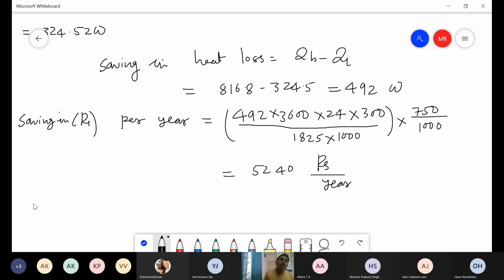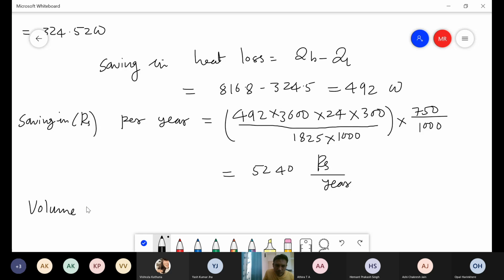Now let us look at what will be the cost required for insulation. The cost factor is given, that is 15,000 rupees per meter cube. First we have to find out how much insulation will be required to have a 100 mm lagging around the bare pipe, isn't it? So the volume of the insulation we have to first calculate.